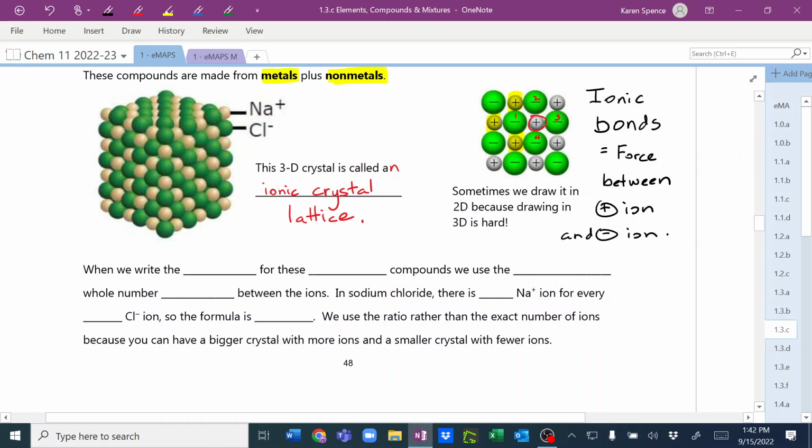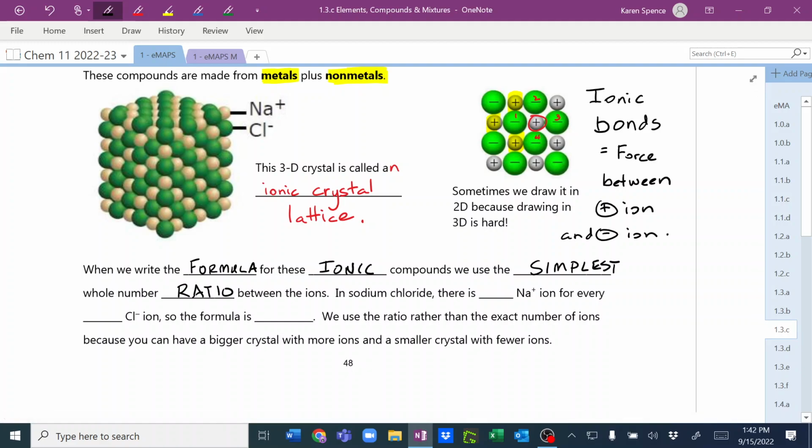When we write the formula for these ionic compounds, we use the simplest whole number ratio between the ions.